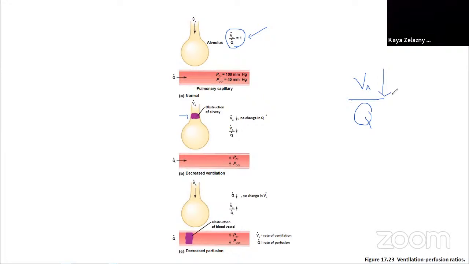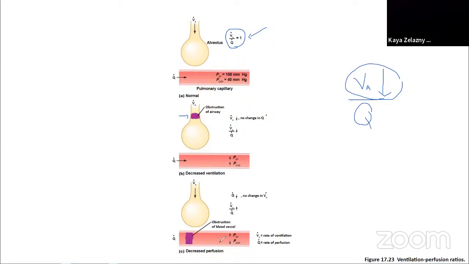So we're dropping down our ventilation. Is this going to give us a ventilation perfusion ratio above 1 or below 1? You can just do it with your thumb. Go below, right? We've dropped this number, we're dividing by the same number, so we're below 1. This is a way we can tell we have an obstruction here.